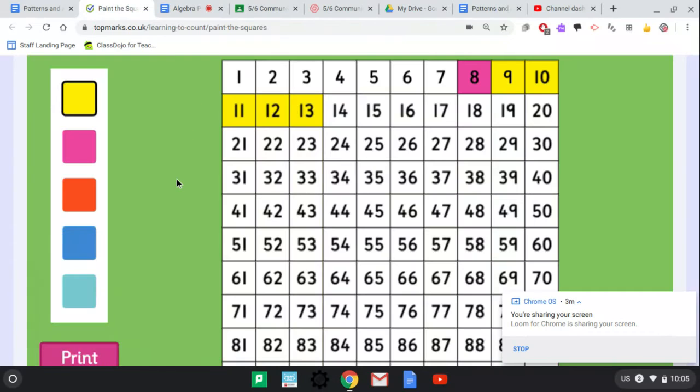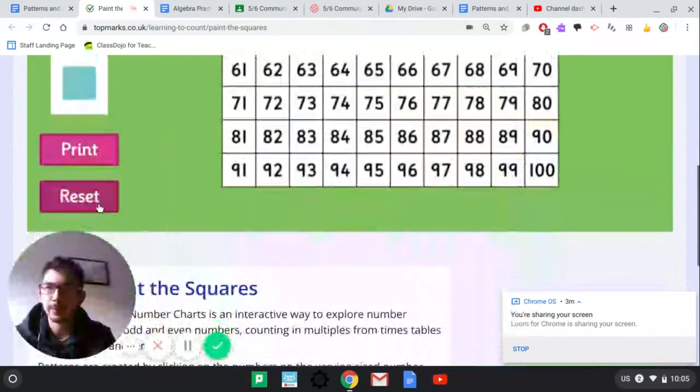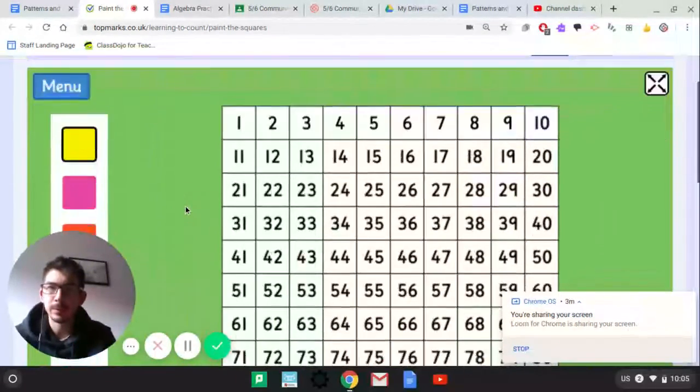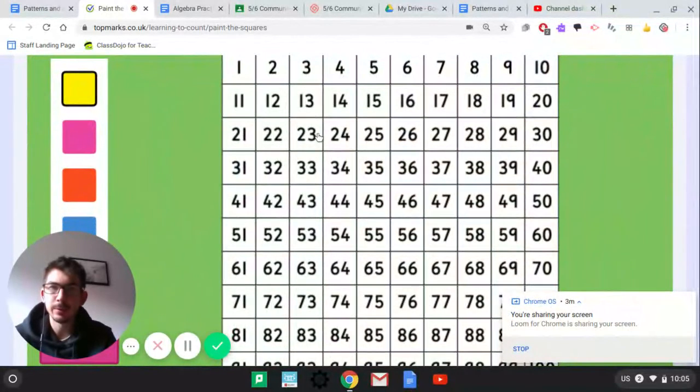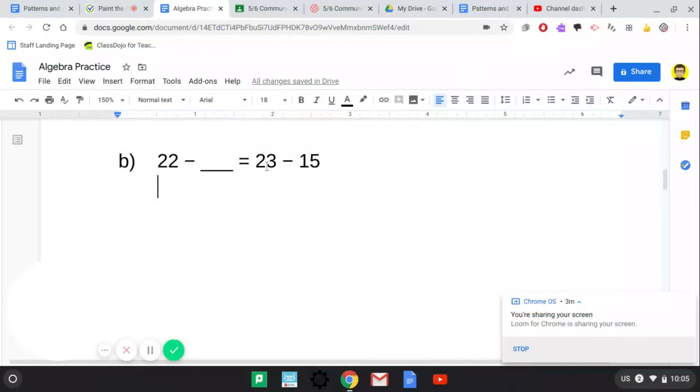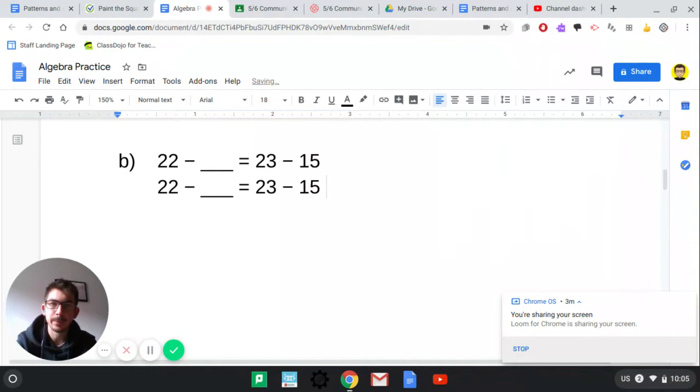In fact, let's go ahead and do that. 23 minus 15. So I've got 23 and 15. The difference between that is 1, 2, 3, 4, 5, 6, 7, 8. Okay, so 23 minus 15 equals 8, right? And now we've got 22 minus something equals 8.